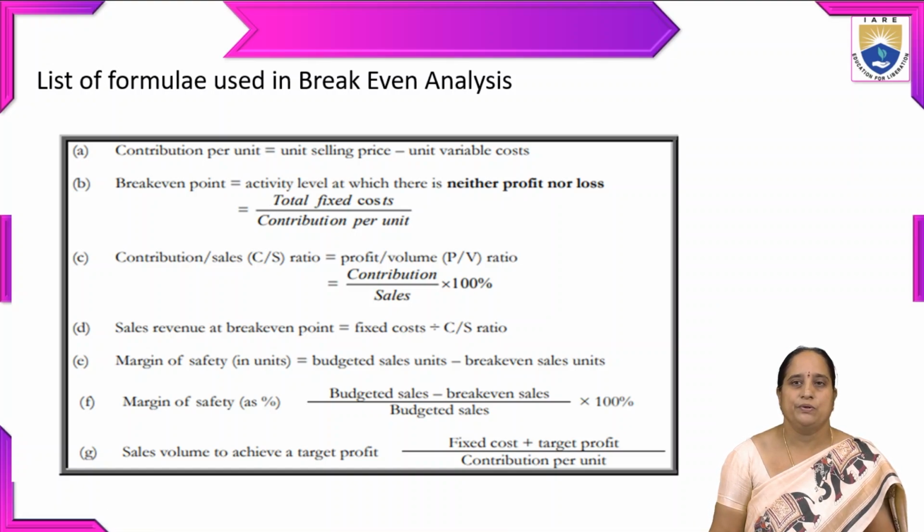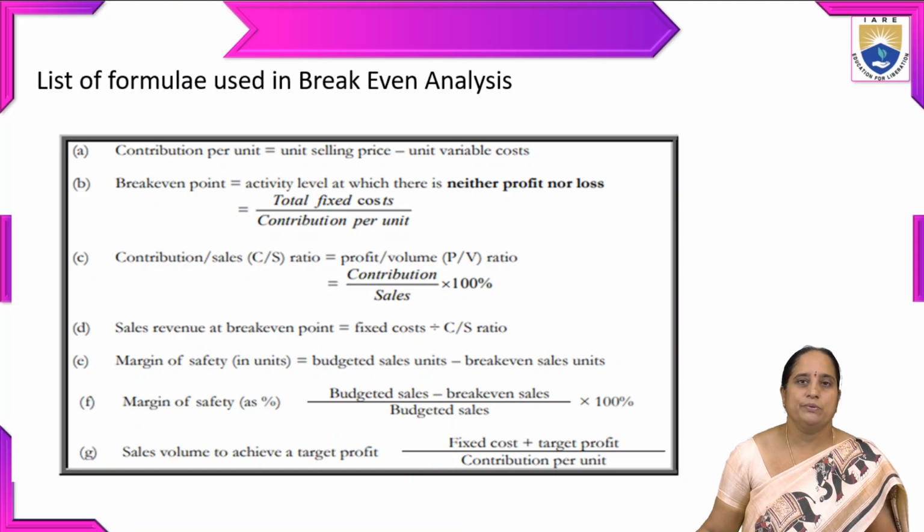One is in terms of units, another one is in terms of value. Break-even point in terms of units can be derived by using the formula total fixed cost divided by contribution per unit. Break-even point is that activity level at which the company can generate neither profit nor loss. So that point is known as break-even point.